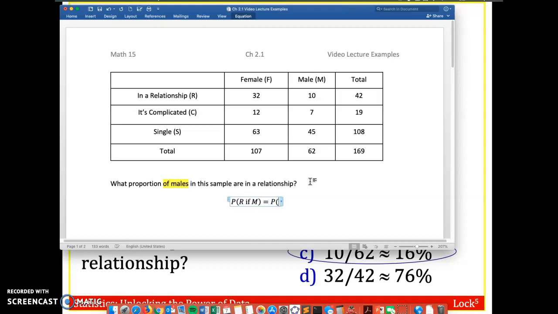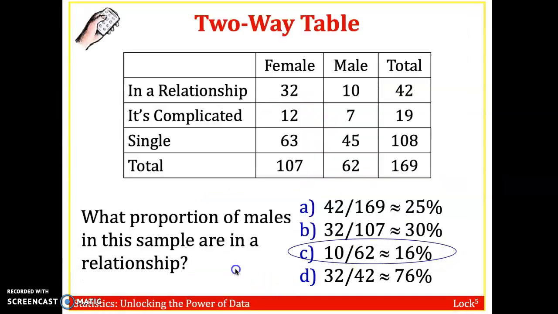And we do the same exact setup, R and M, divided by the probability that someone is male in this survey. So we can write that out. How many of them are in a relationship and male? That's the 10. And then we can just take the total number that are male in the survey, 42. Oh, excuse me, 62. Get that correct. 10 out of 62.